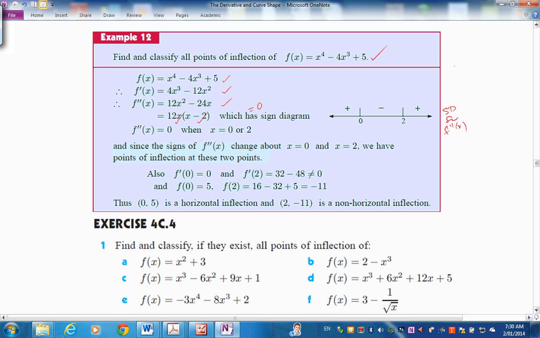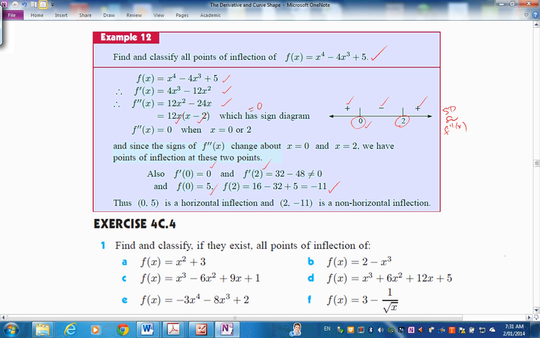So coming along there, it's going to have a point of inflection here and here because we have these changing sign at those points. So subbing 0 back into the original derivative and into the function, and the same for 2 in the original derivative and then into the original function.